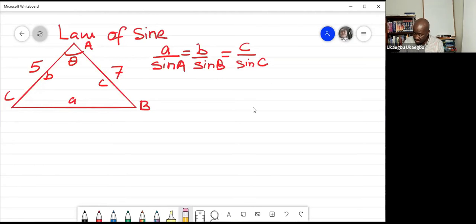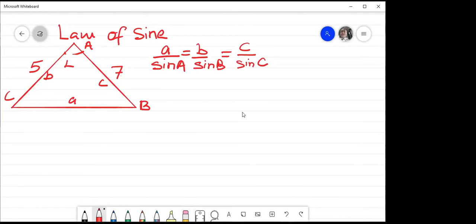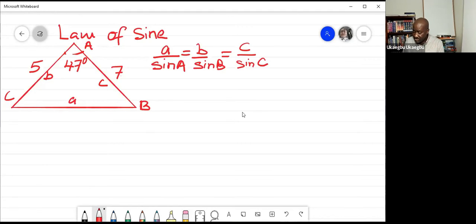I will erase that. Let's use 47, as he suggested. That should be 47 degrees. Okay, so now that's our angle.